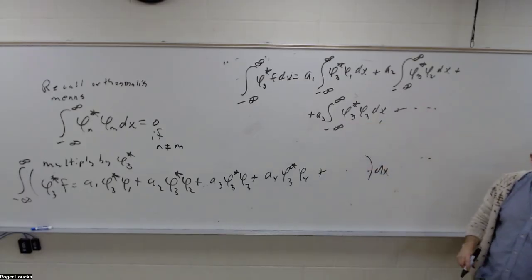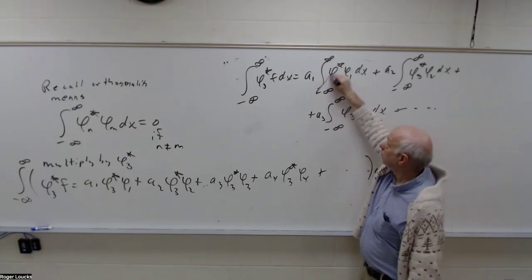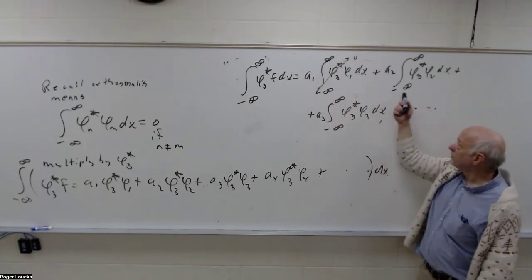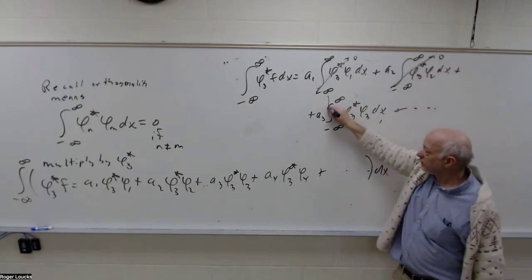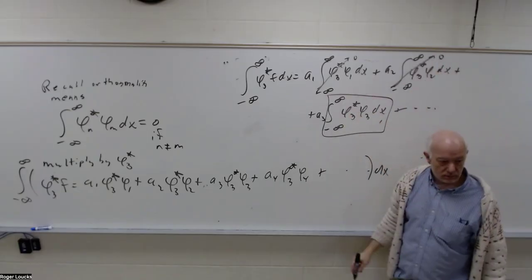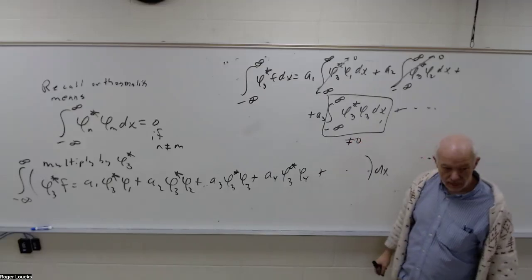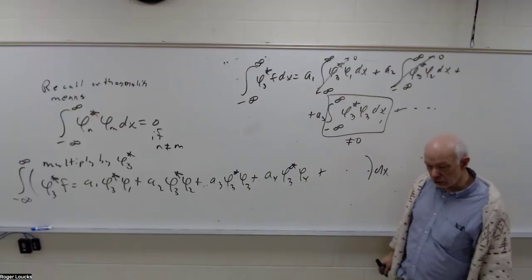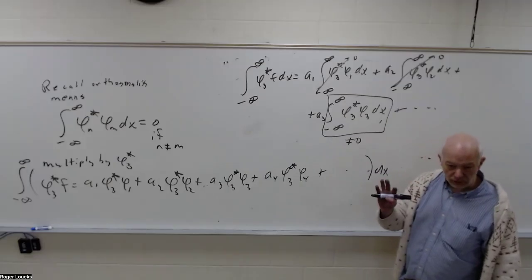Okay. From orthogonality, what does this integral here have to be? 0. Gone. What does this integral here have to be? 0. Gone. What does this integral here have to be? Well, not equal to 0. Now, frequently we're going to use what are called normalized eigenfunctions, which means that it's going to become 1, but let's say we don't know that yet.